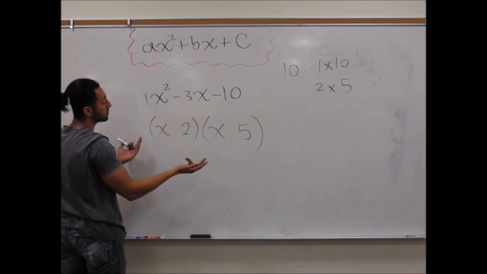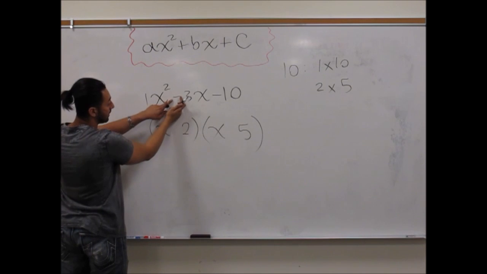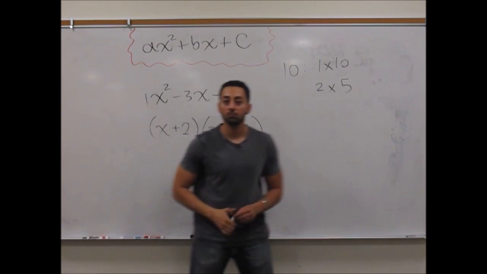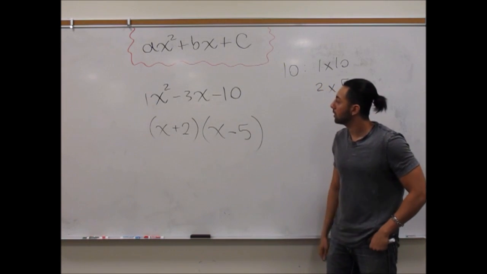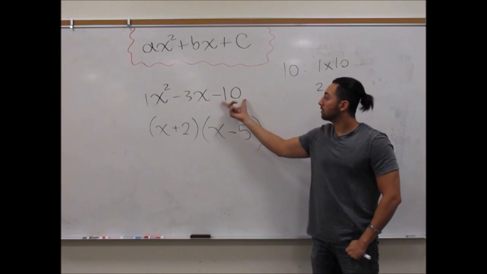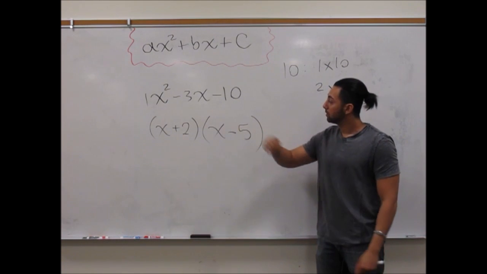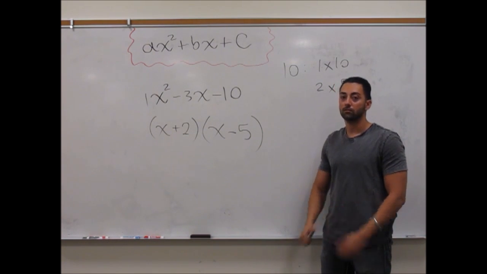The bigger number in this case is 5, so it's going to get that sign, and 2 would get the opposite sign. So that's how you would factor that, because we knew that C was negative, and we knew that came from a positive being multiplied by a negative. So that's how you would factor this trinomial.